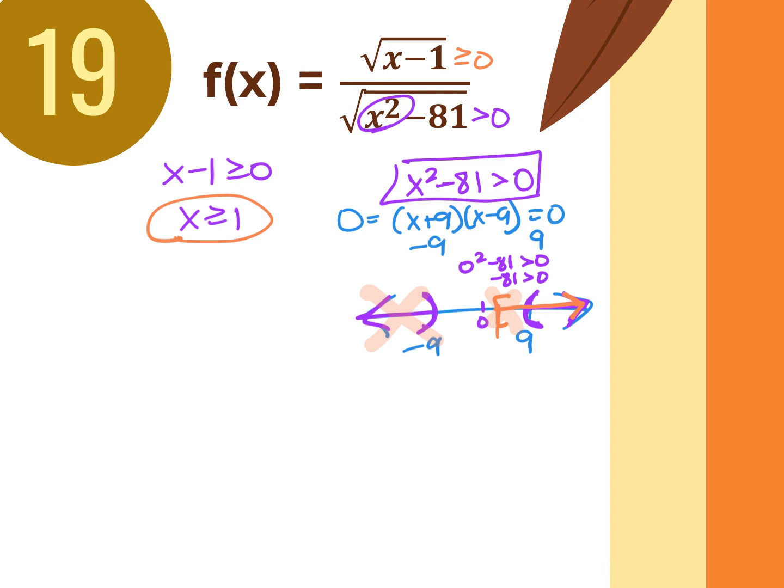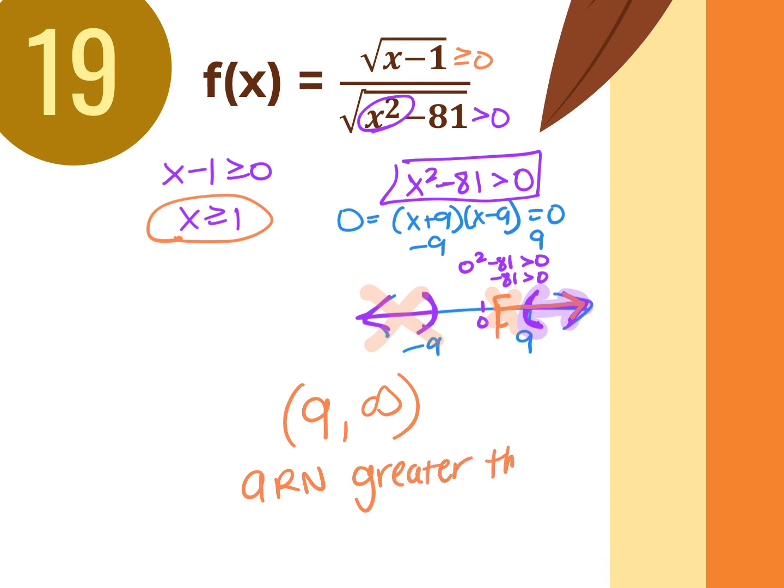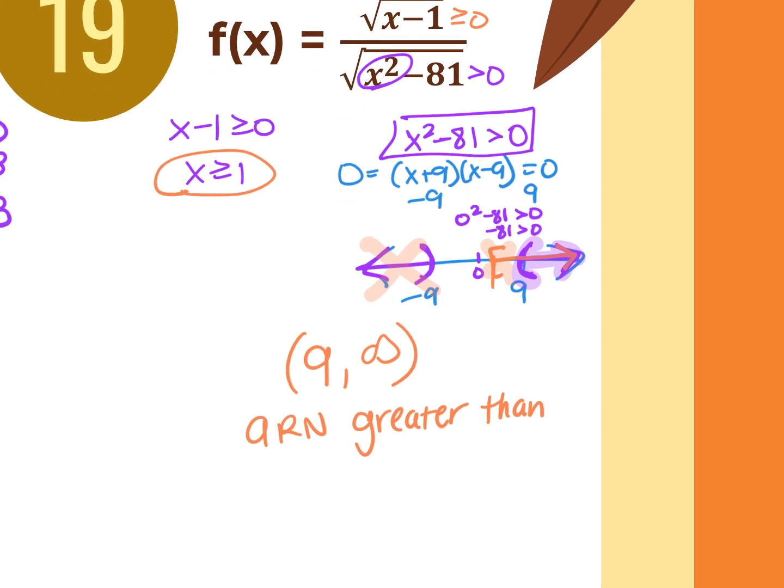The only time in which all three overlap would be from here to positive infinity. So I'd get positive 9 to positive infinity, or all real numbers greater than, not greater than or equal to, positive 9.